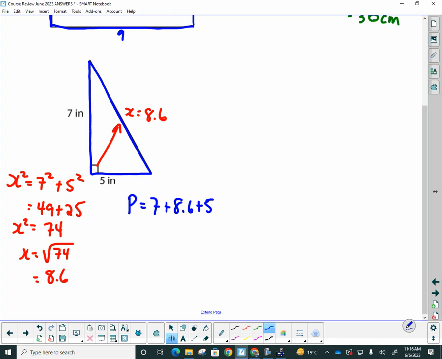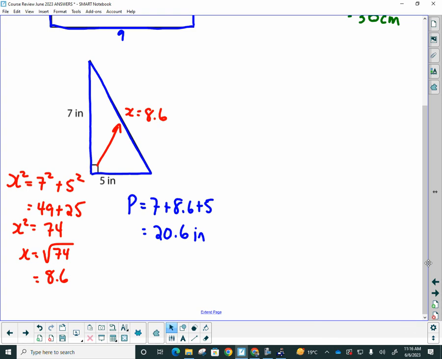Add them up, and I think we get 20.6. IN stands for inches. So adding them up, doesn't matter if it's this shape or something else, we're going to add all the outside edges to get the perimeter.